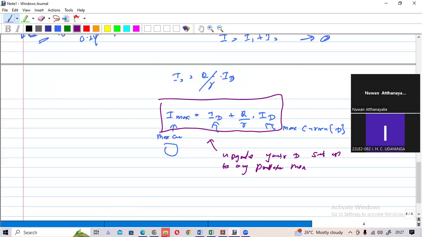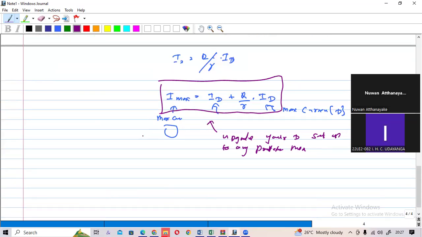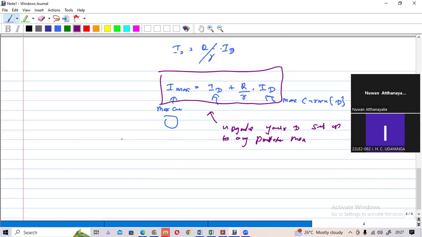For example, I have given you an example. I ask you to upgrade the D'Arsonval setup to measure 100 ampere. The maximum current that can be measured by the D'Arsonval setup itself is 6 ampere.